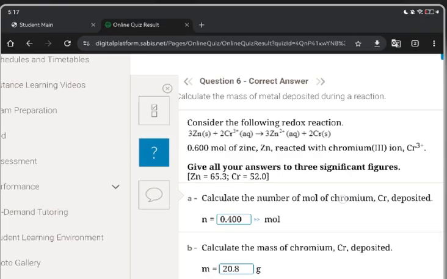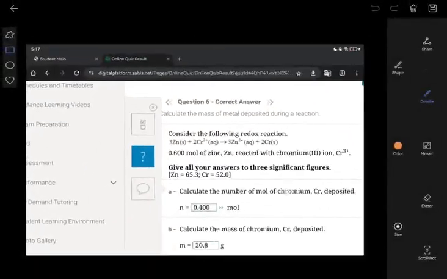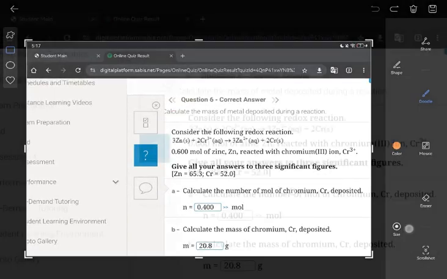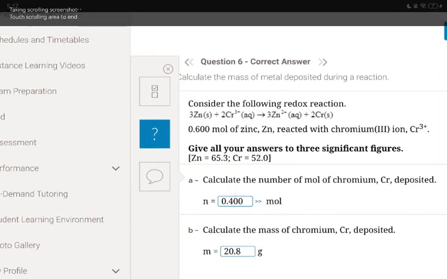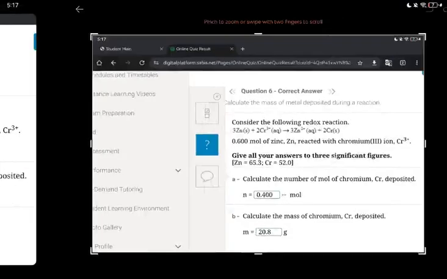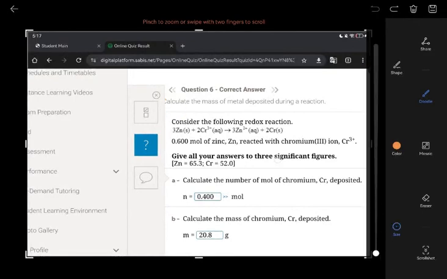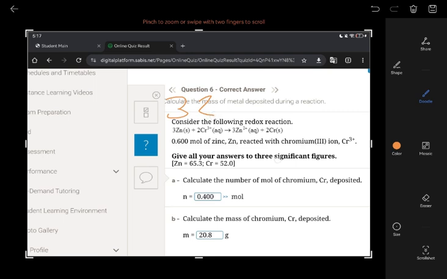So here you have 3 and you have 2 here. So if 3 gives you 2 and 0.6 gives you X, let me write here, it's going to be more clear.